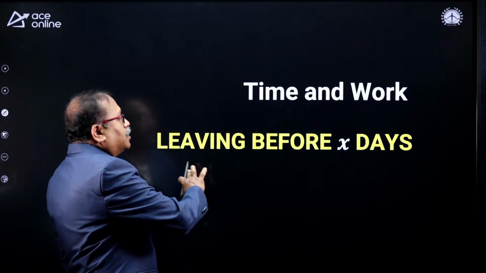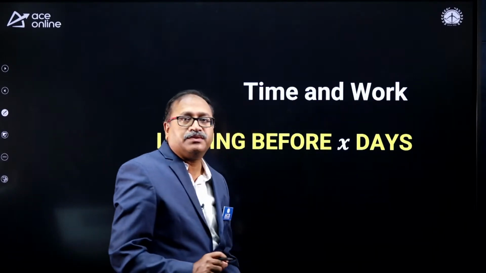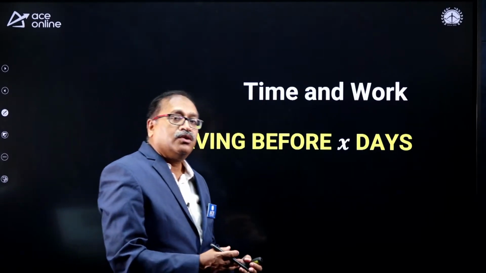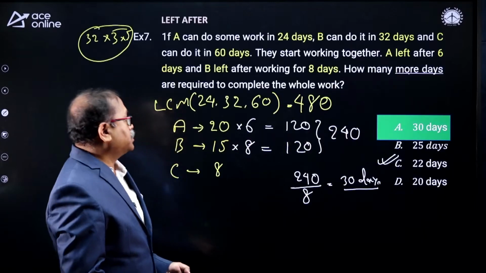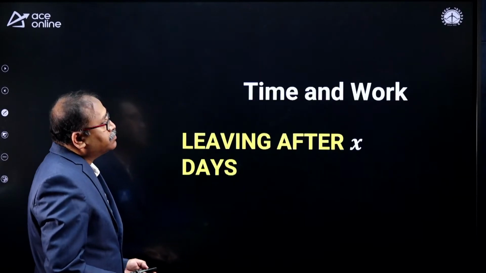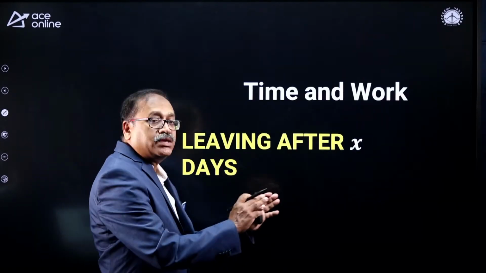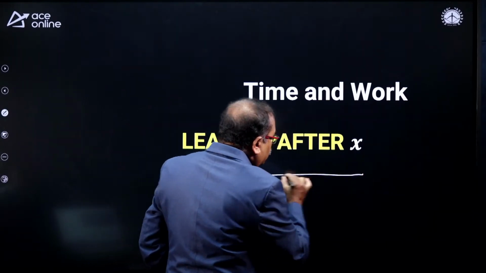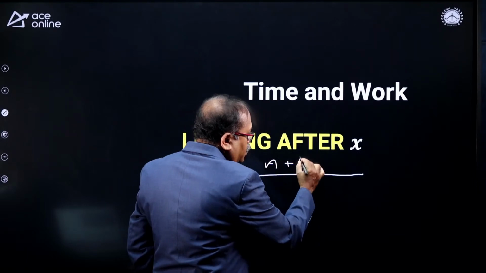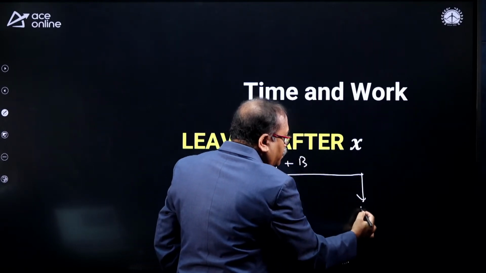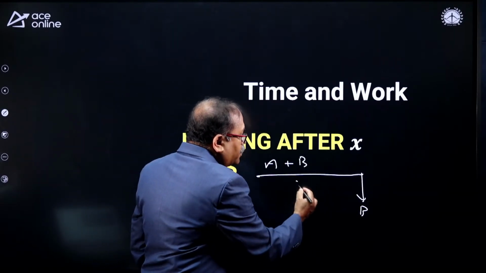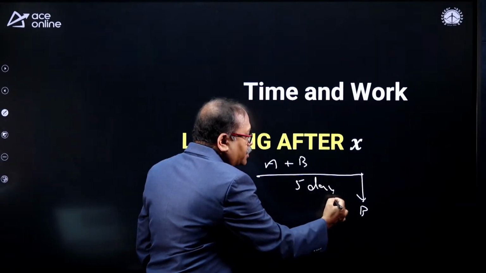In time and work, there is leaving before X days, that is, before completion of X days, or after completion of X days. So in the previous one, what we have seen over here is leaving after some time. That means they work together over here. Suppose A and B are working here, and after some time, after 5 days, B left.